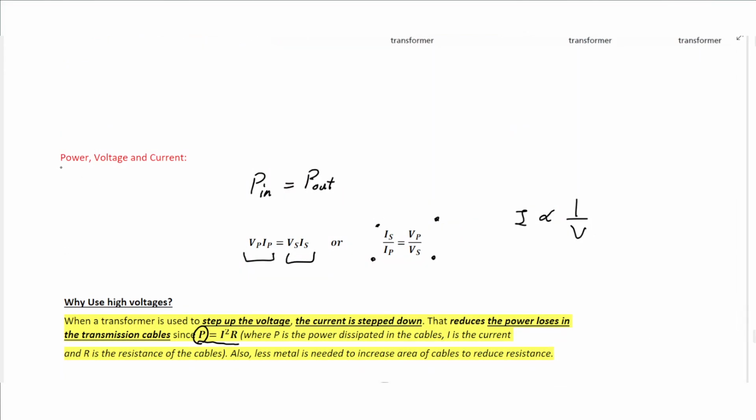If for any reason you find a question with a transformer that has, for example, 90% efficiency, use the equations of a transformer normally, and then at the end multiply by 90%, which is 90 divided by 100, or 0.9.